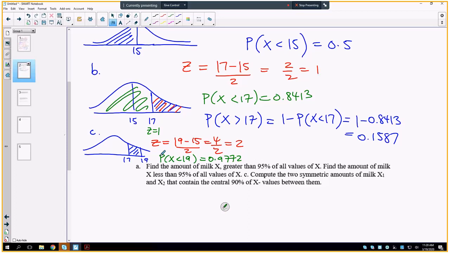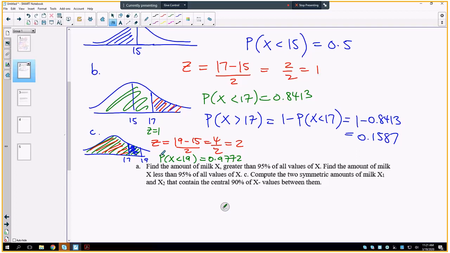That probability, though, corresponds to this entire area, and I only want this little blue rectangle. So I want to take the green area and subtract the area less than 17. We already know the probability that x is less than 17.